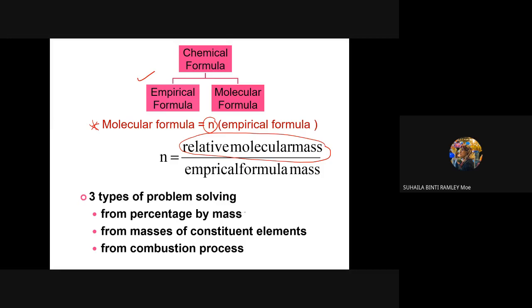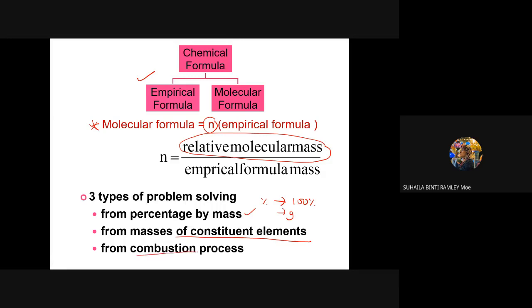We have 3 types of question in calculating empirical and molecular formula. First, the question gives us percentage. We can convert the percentage to mass in gram, since the total percentage is 100%. Or, they give us the mass for each element.